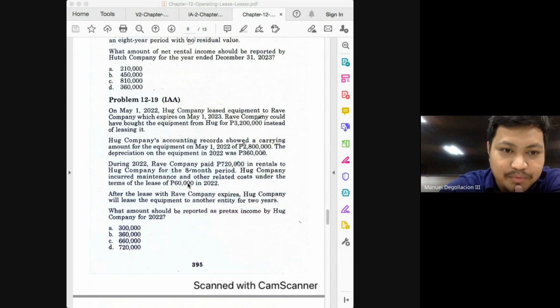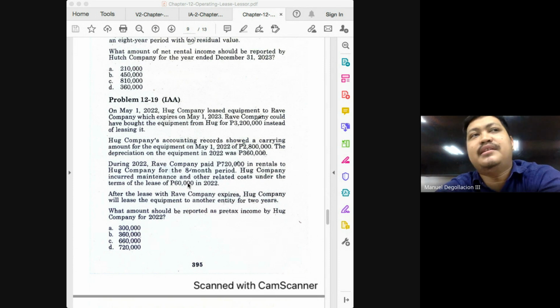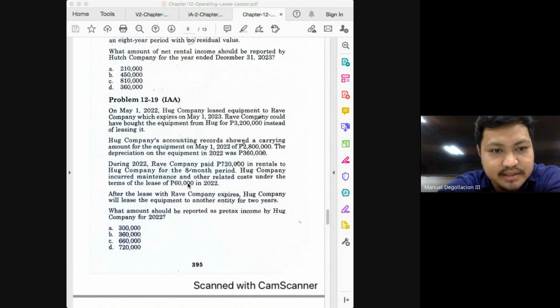Maintenance costs would be expensed outright. Okay, so deduct the 60,000. What else will be deducted? Will we deduct the entire 360? Yes, because on the part of the lessor, it was subject to depreciation for the entire year. Okay, so 720 minus 360 minus 60 will give you 300,000.